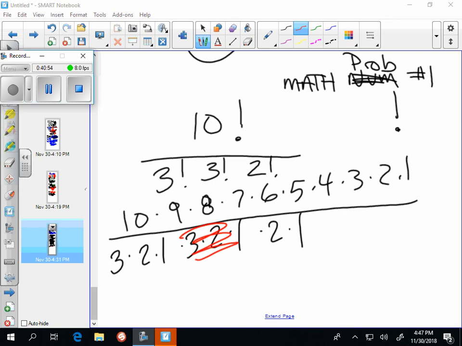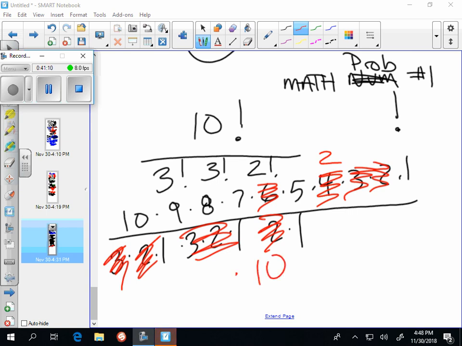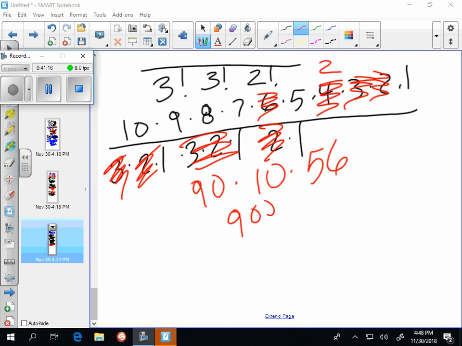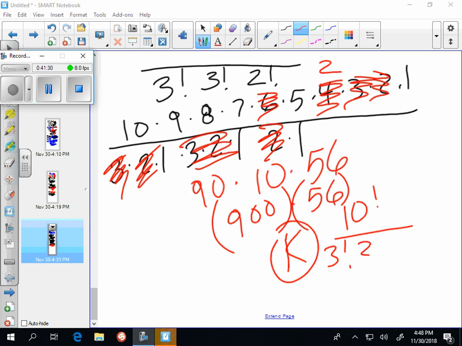Well, this 6 will cancel this 6, and this 2 could take out this 2, and this 3 could take out this 3, and this 2 could take out a 2 from here, and I'd be left with 10 times 90 times 56, or 900 times 56, which turns out to be, oh wait, I didn't even need to do that. Look at the choices. Choice K, 10 factorial over 3 factorial, 3 factorial, 2 factorial, and we were all done back then.